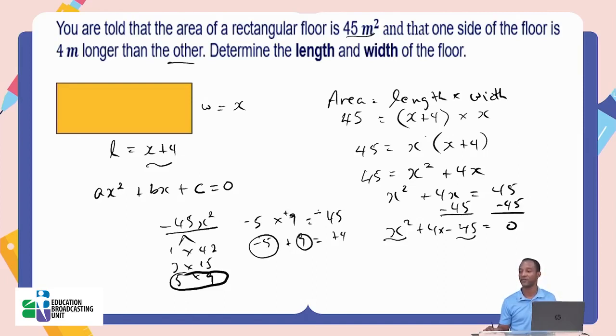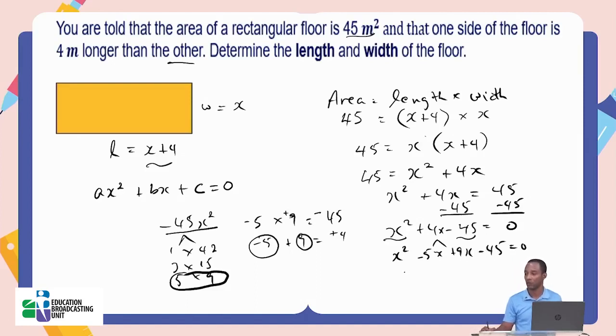When multiplied, they give us negative 45, and when added, give us positive 4. So we're going to split the middle term into two parts, negative 5x and positive 9x. Then write back the last term, which is negative 45, equal to 0.